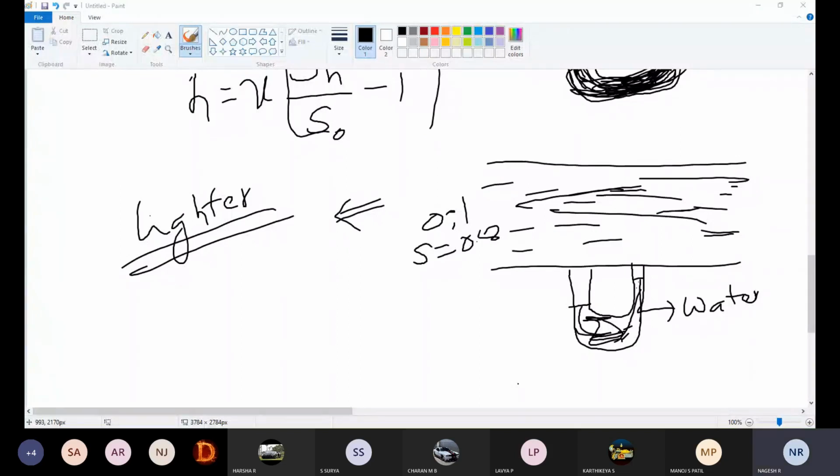So then I can take the formula as H is equal to X into (1 minus SL by S naught).